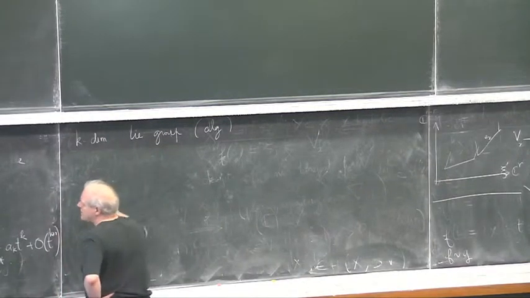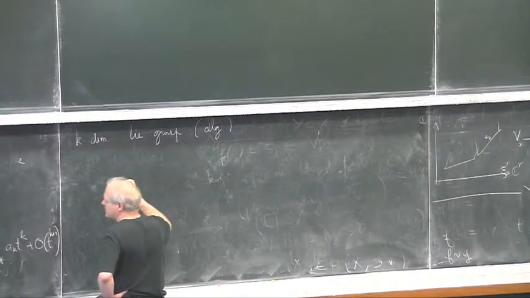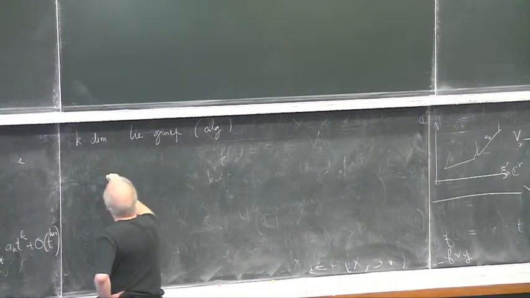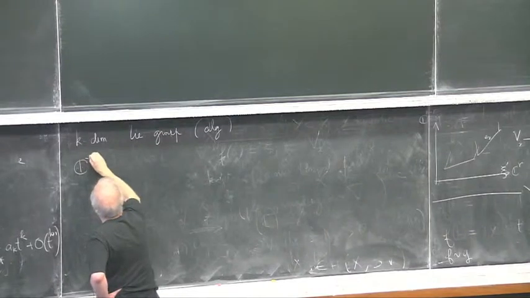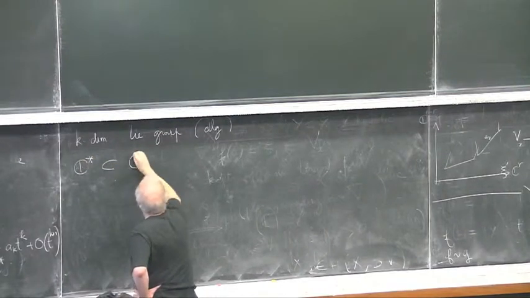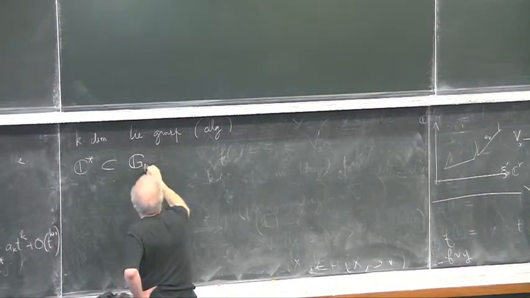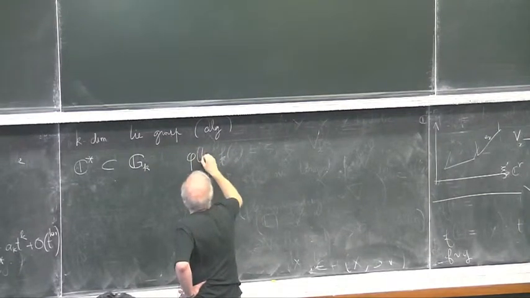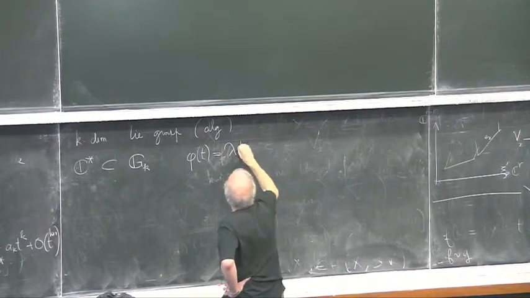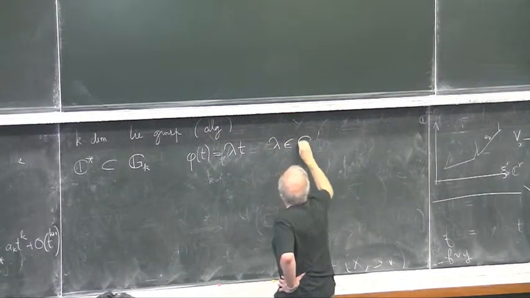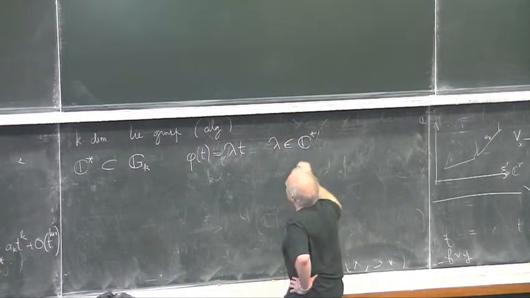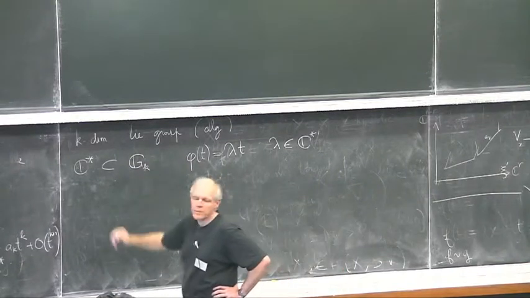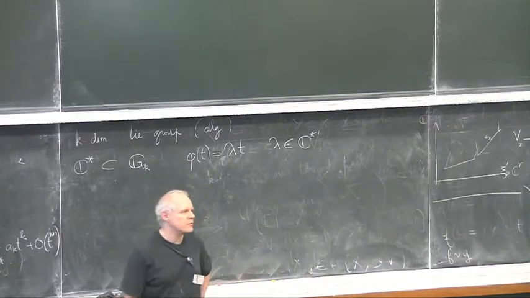In fact, you have C star, which is a subgroup. It's just the homotheties. And now the quotient of Gk by this subgroup is a nilpotent group.